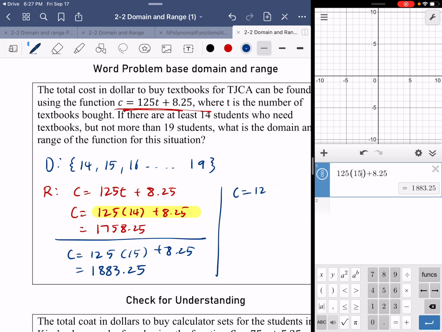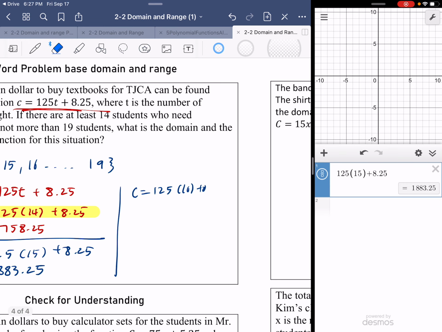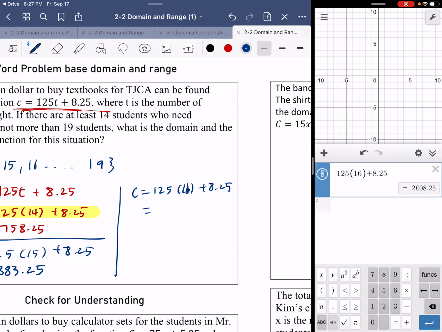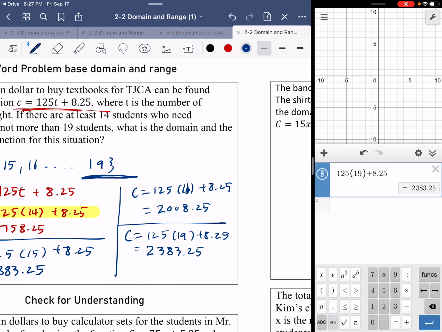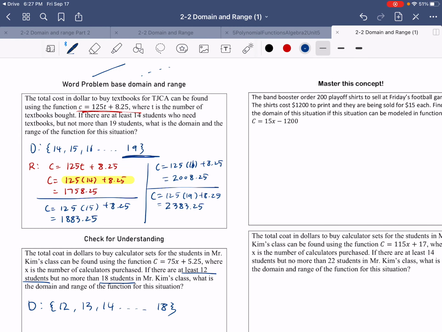If I put 16, 125 times 16 plus 8.25, I get 2008.25. And last, if I put 19 here, I get 2383.25. So I got these numbers.